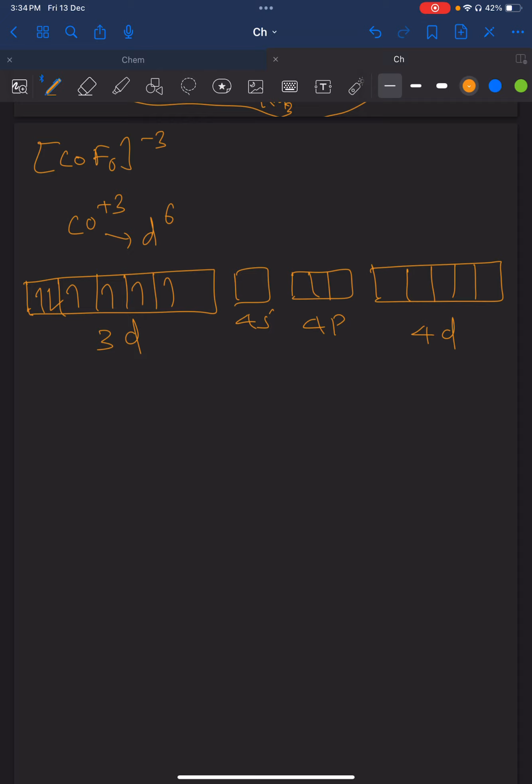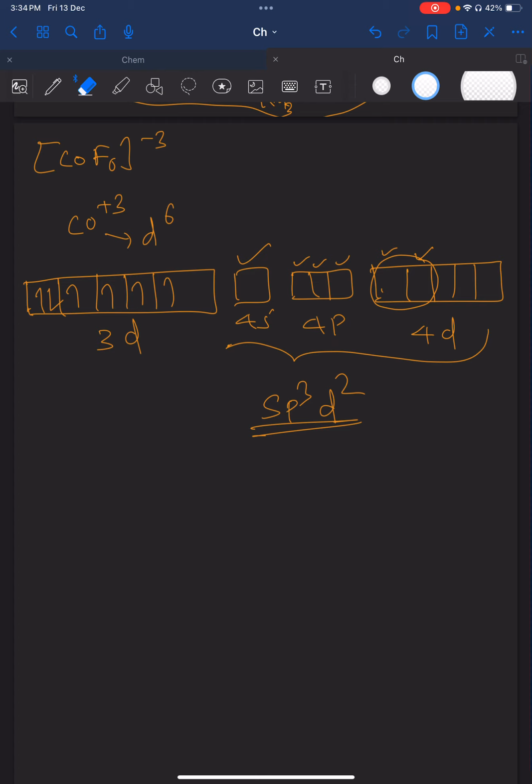So what is going to happen is we will see that it will use the outer d orbitals, these two. So s, 1, 2, 3 p, and these two are d. So we are getting sp3d2 hybridization, because inner d cannot be used. They are filled and they are not getting paired.